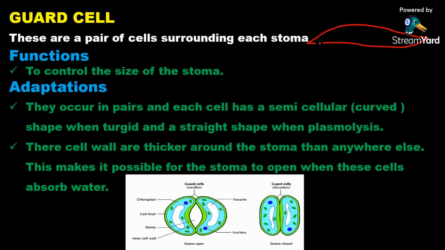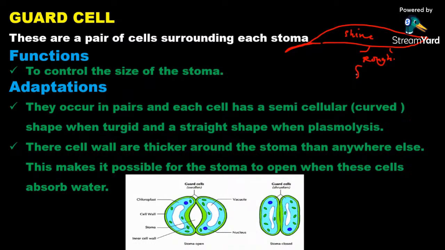A leaf looks shiny on top, and at the bottom part it looks rough. That is where there's a stoma. A stoma is just the opening that is formed by two guard cells.